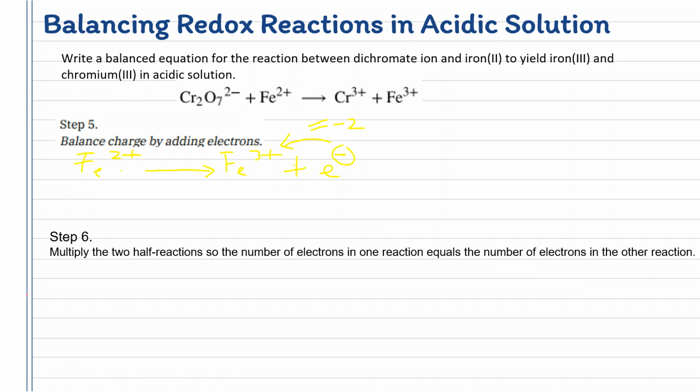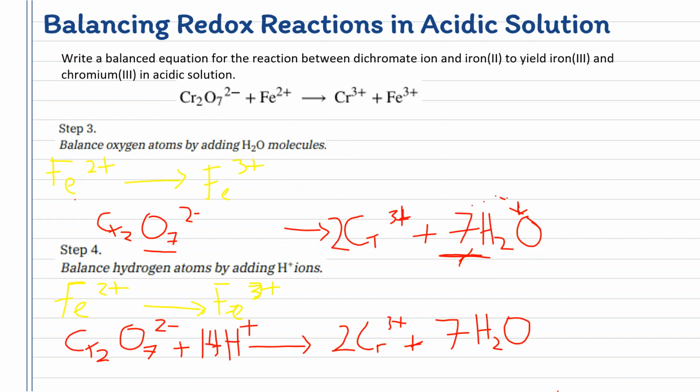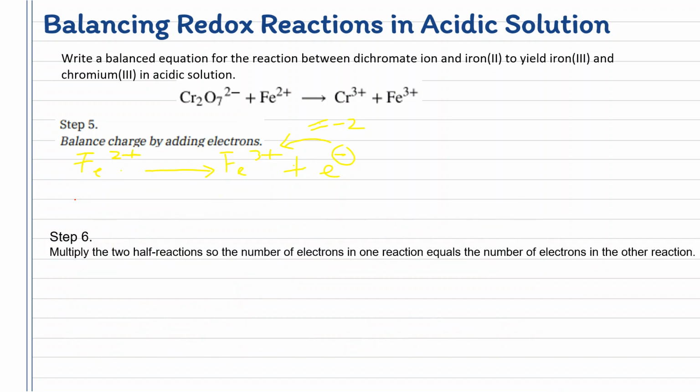I hope you're with me. For the one that was in red, if you're looking back from what we had here, we had Cr2O7 plus 14H plus. So let's repeat that. We have Cr2O7 2 minus here plus 14H plus ions.